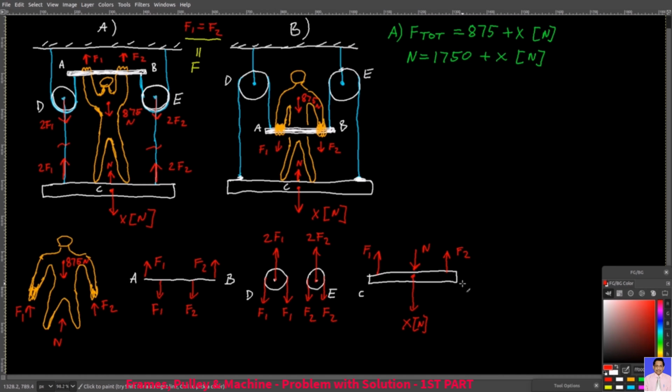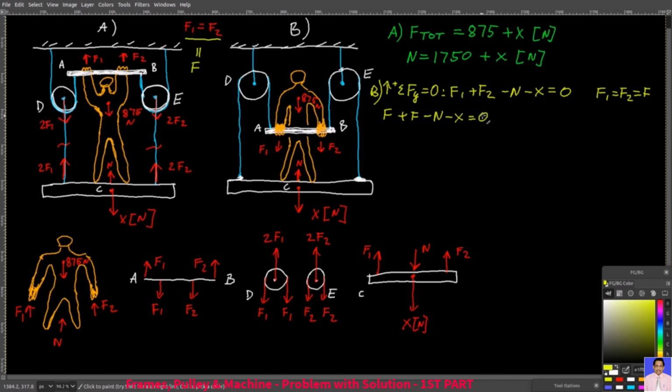Therefore, for case B, we have this equilibrium principle. Since F1 equals F2 equals F, you will have this equation, or simply N equals 2 times F minus X.